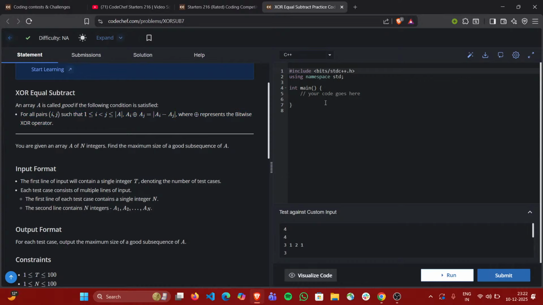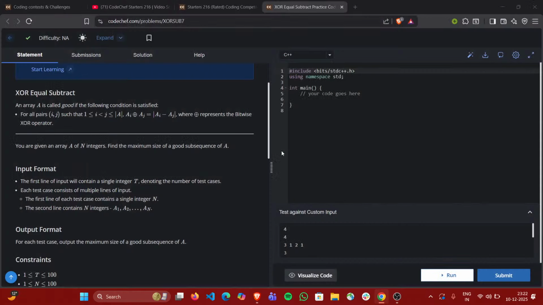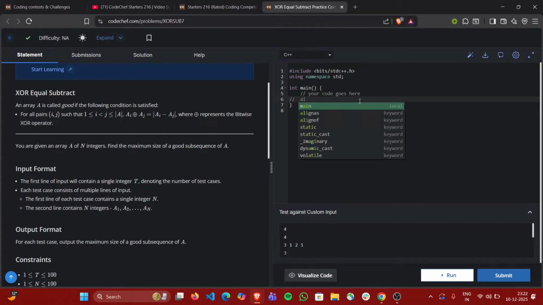So the condition is that ai XOR aj, and this operator is also the XOR operator, since this one is not available on the keyboard, I will be using this one. So ai XOR aj should be equal to the absolute difference of ai minus aj, right? This has been told in the question.